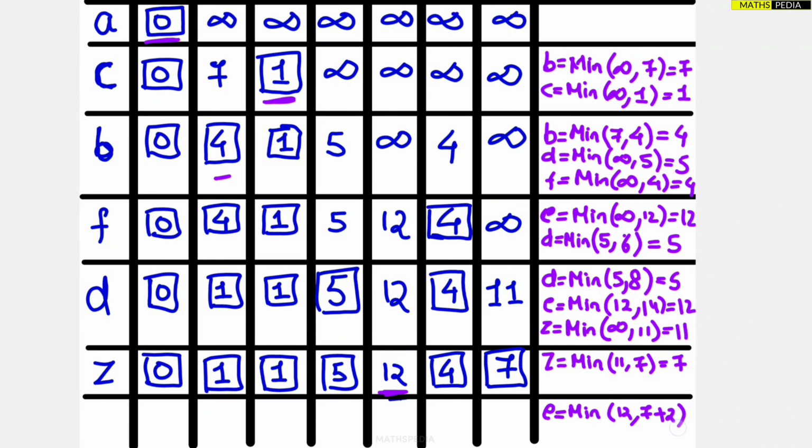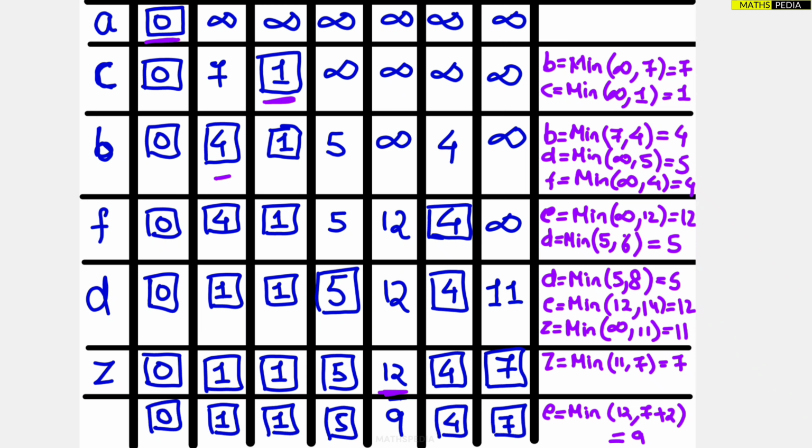So we are getting 12 and 9. 9 is the minimum value. So this becomes 9. Rest all values same, copy paste. Now in this row we have to find the minimum value. Anyways only one value is there.